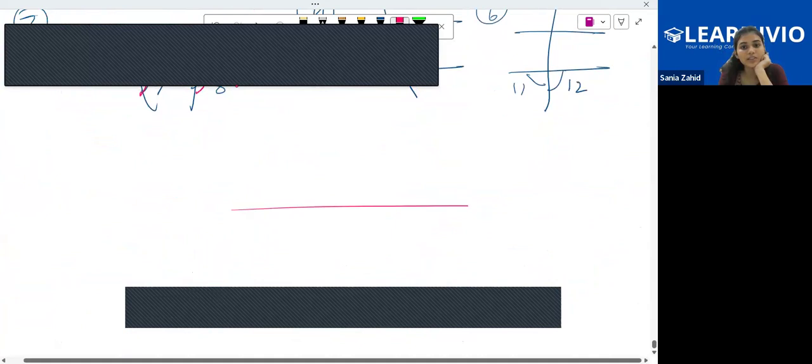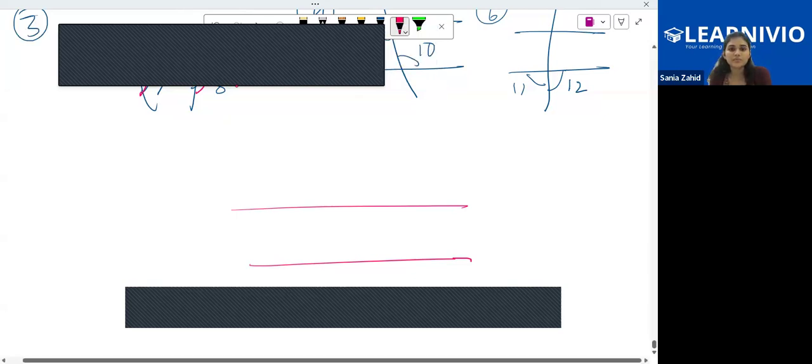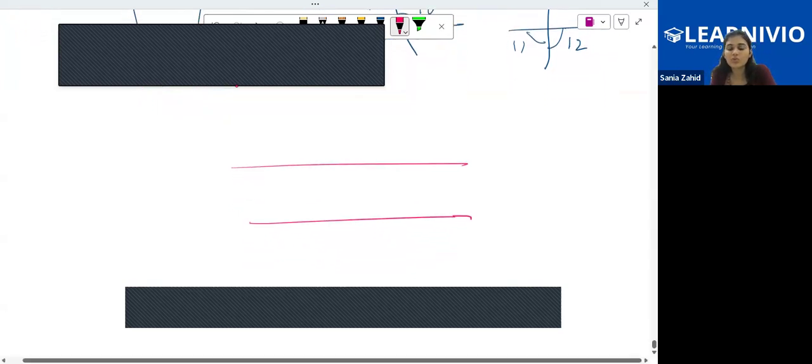I taught you corresponding angles. If these are 2 lines, Manha, are you not there in the class? Manha, are you there in the class? Ma'am, the charge finished. Can I take the charger? Yeah, please go quickly grab it.